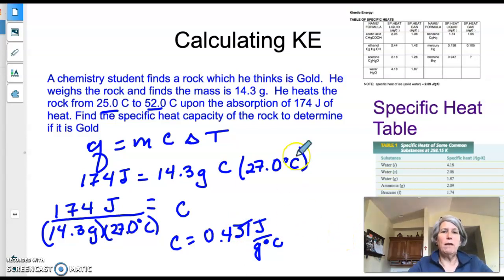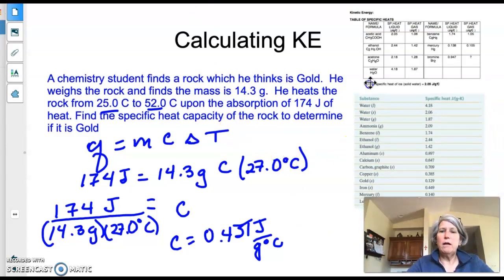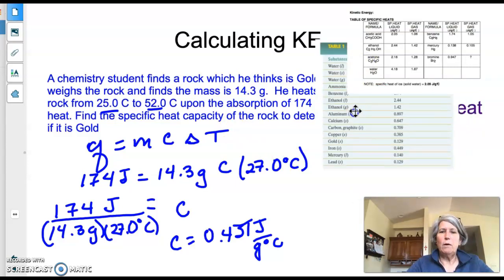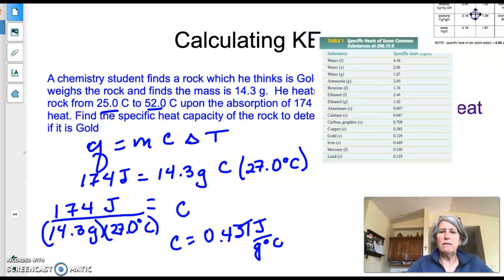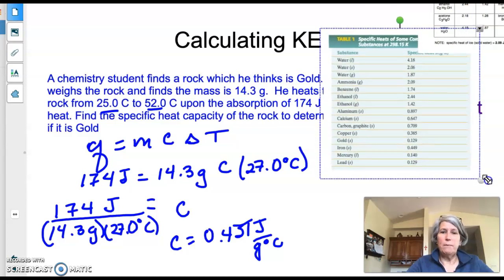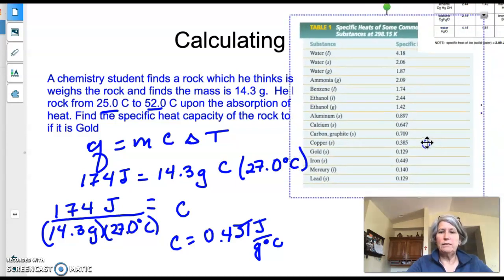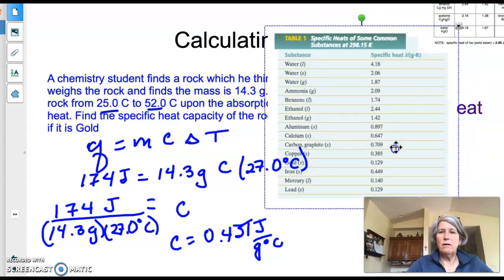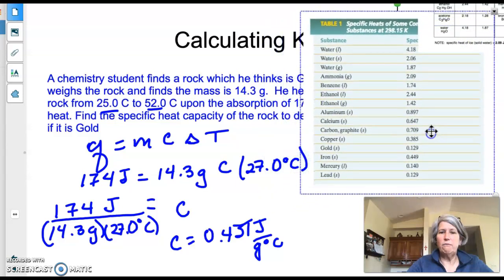So now, is this really gold? I would look up in a table what the specific heat of gold is, and you'll notice here the specific heat for gold was 0.129 joule per gram degree C, roughly.